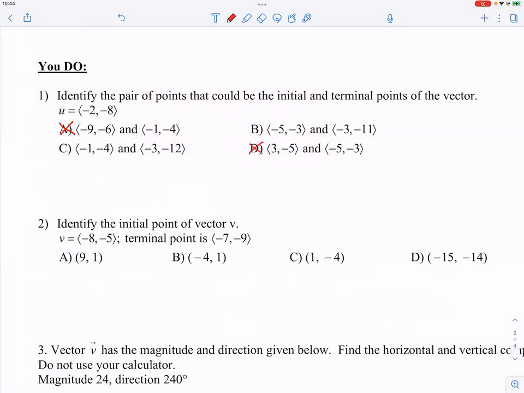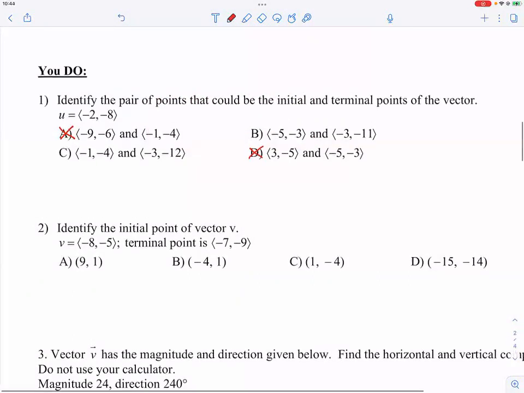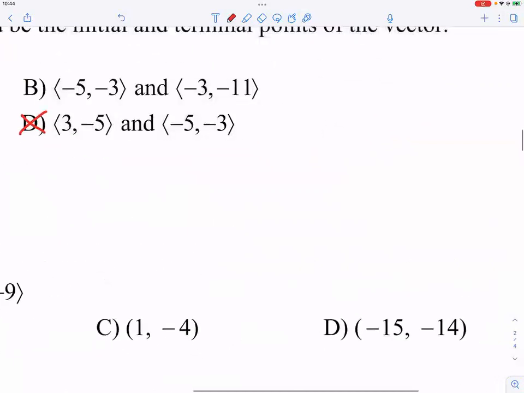Choice D would also be out because the distance between 3 and -5 is also 8 units, so it's too far away. So now we're down to choice B and C. To help you see this, it would be best to sketch it out quickly and visualize it. So I'm going to sketch it out right here.